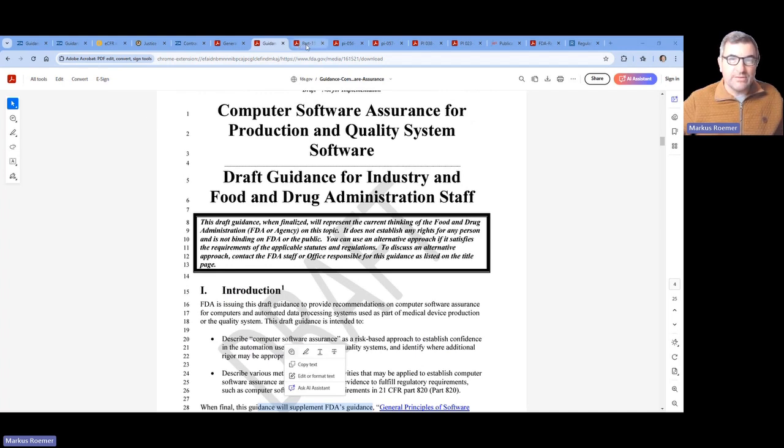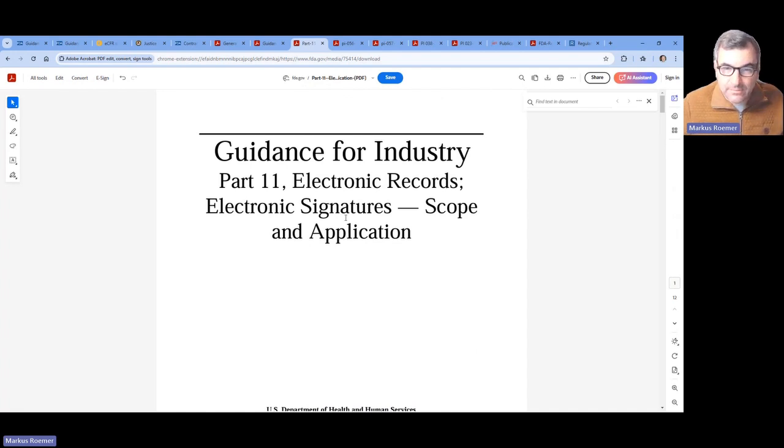Another guidance for industry document is the guidance for industry Part 11, electronic records, electronic signatures. In short, you can also watch the GMP Detox session, Time Travel, Part 11. Part 11, the marketing buzzword number 1.